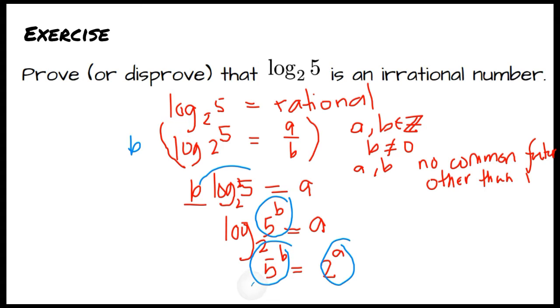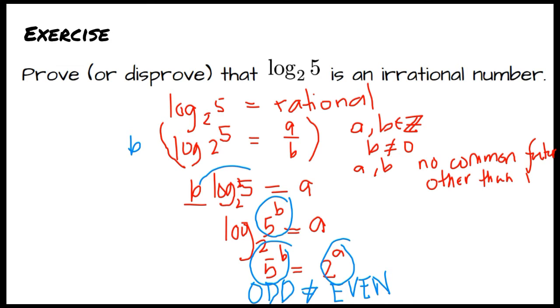So this is odd, and 2 raised to a, from the definition of an even number, twice any integer will become even. So that's the first way to come up with a contradiction here: odd cannot be equal to an even number.